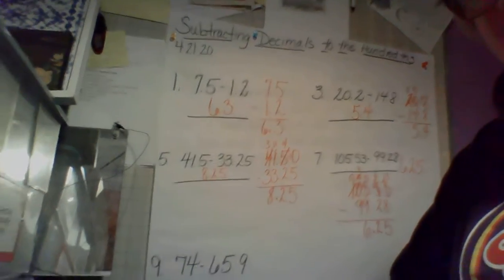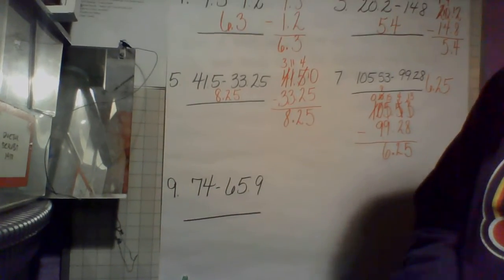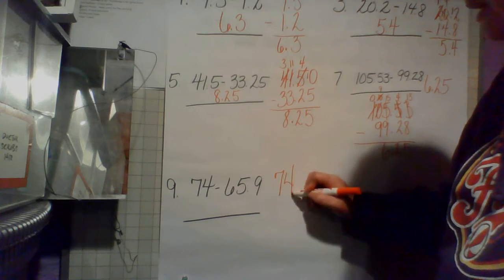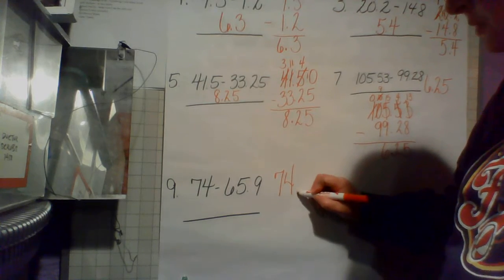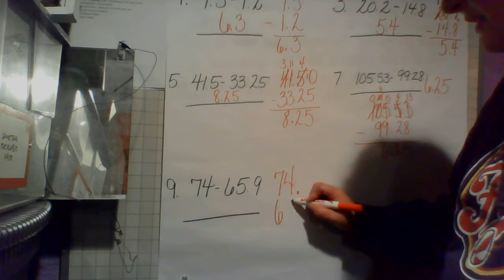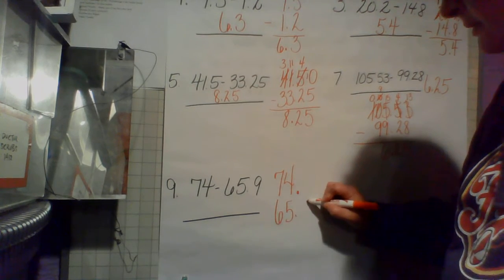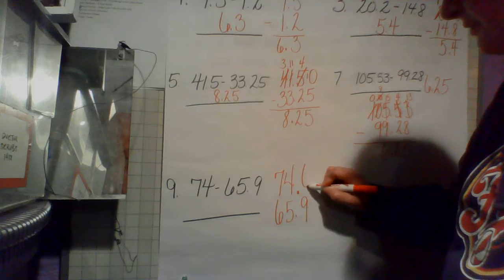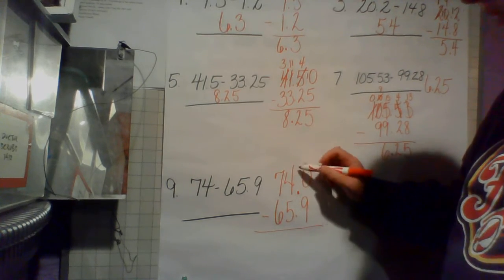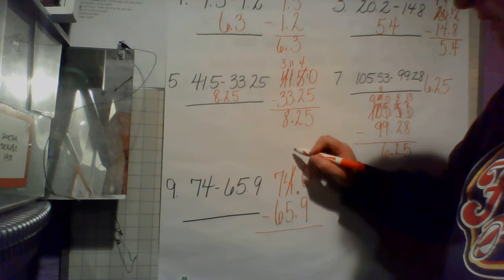Alright, I did one more. 74. Now on 74, the decimal point is right here. Alright, so I'm going to take 65.9, and this is 74.0. So I'm going to go over here, and exchange.